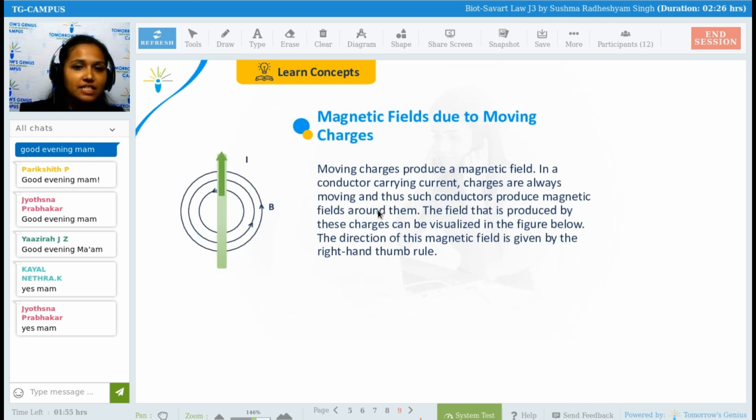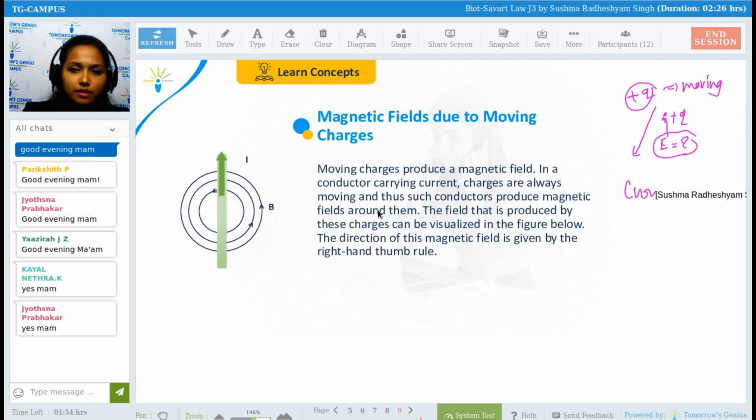So when we are saying magnetic field due to moving charges, we already said that a magnetic field is created when the charge starts moving, because when your charge is stationary, if this charge is present here, an electric field is produced, and due to this electric field your charge starts moving, and when charge moves, it produces current.